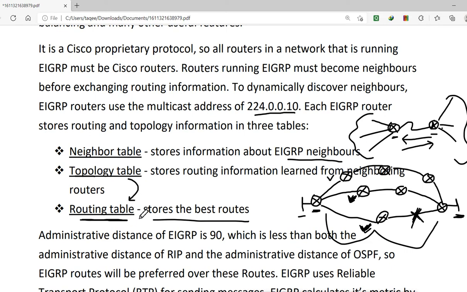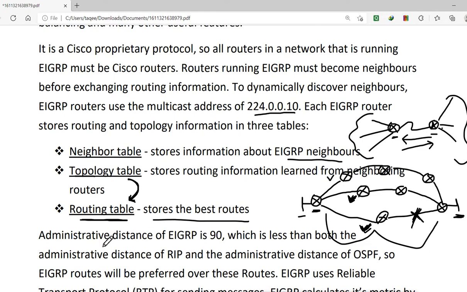When the best path goes down, it takes the second best from the topology table and puts it into the routing table. It takes very little time, less than a second, we can say milliseconds, because it is not doing any calculation. It is just forwarding the entry from the topology table to the routing table. That is the benefit of having the topology table: it reduces the convergence time for the route.